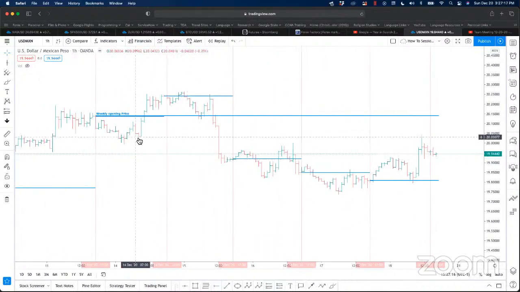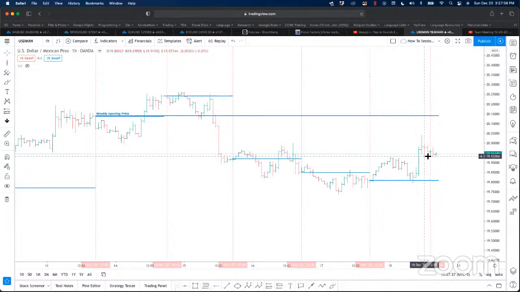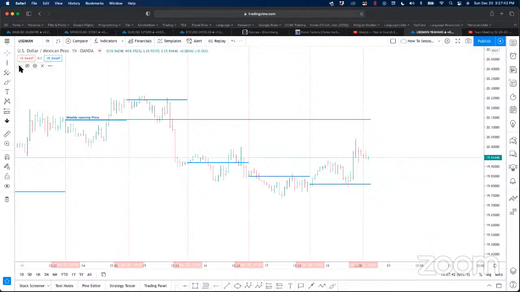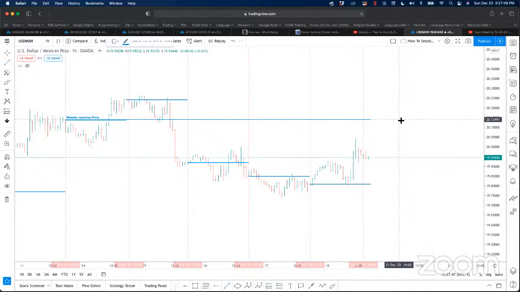So if we're looking at the week, the price opened here, it pushed up. This is where the manipulation for the week happened. And then the market expanded all the way down to this low. And from this low, we got consolidation and we had the close out here. If we were to redraw this, this is what that candle would look like. The opening price here.